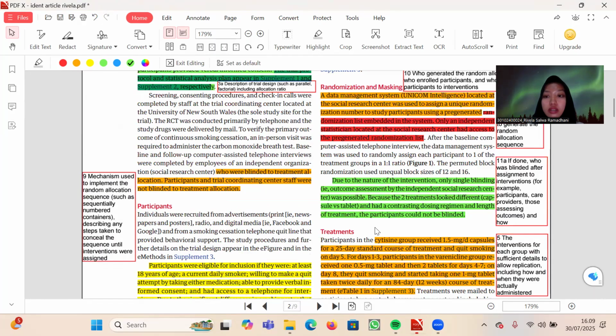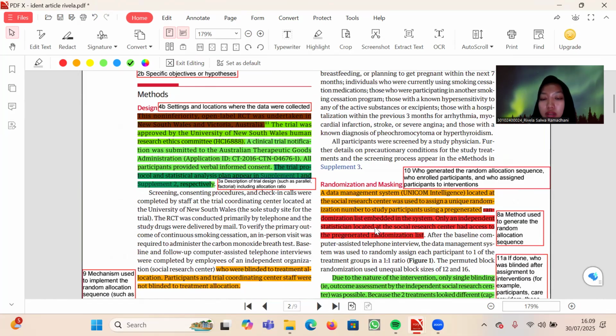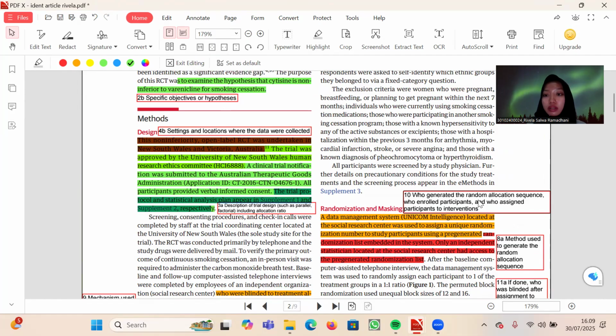Next is item 10: who generated the random allocation sequence, who enrolled participants, and who assigned participants to interventions. A data management system, Unicom Intelligence, located at the Social Research Centre, was used to assign a unique randomization number to study participants using a pre-generated randomization list embedded in the system.